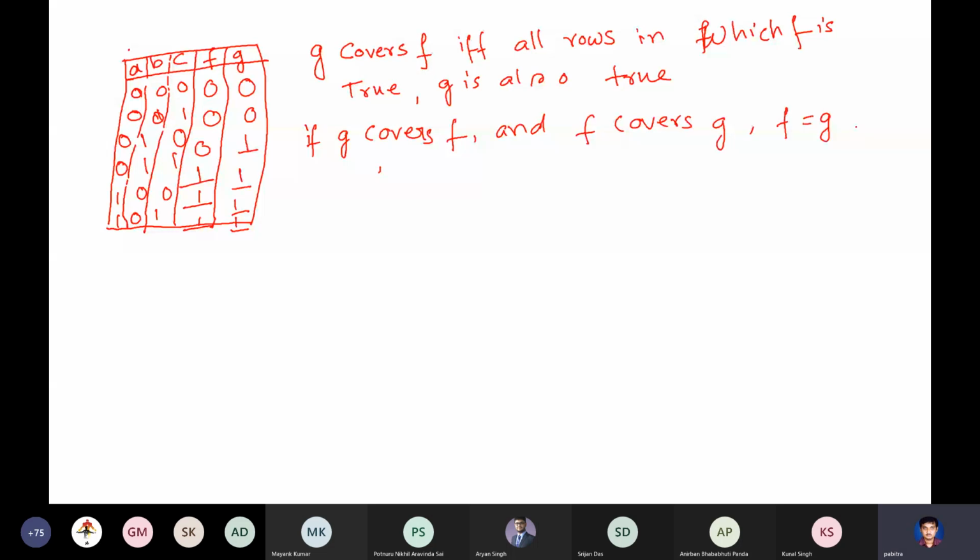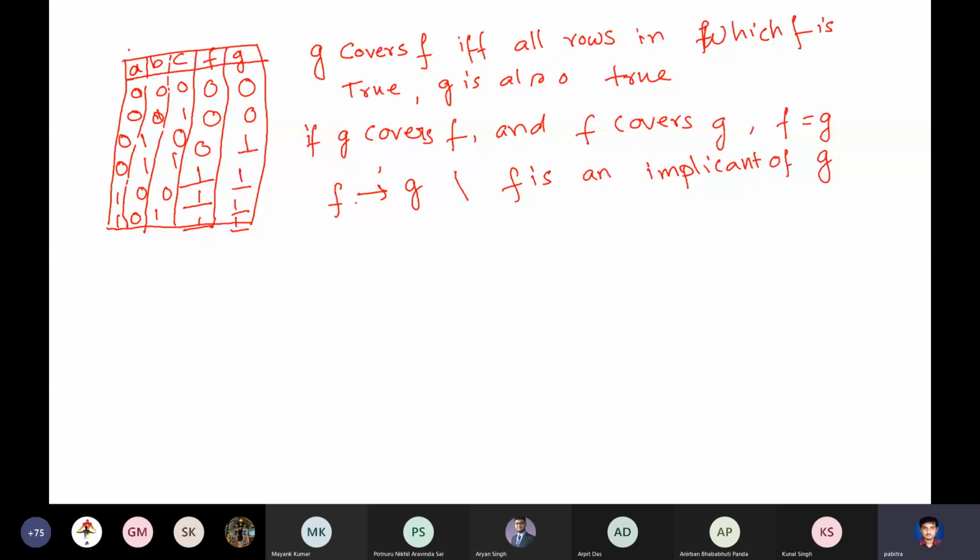So what we do is that if G covers F, we say that F implies G. F implies G, or in other words, F is an implicant of G. F is an implicant of G.